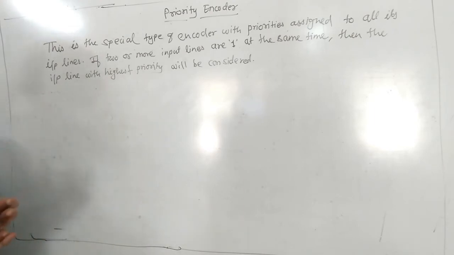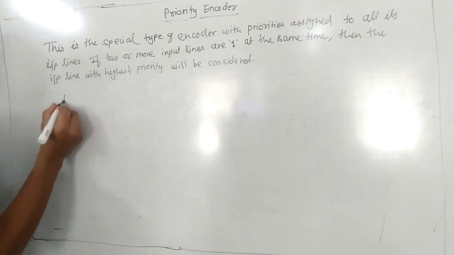So this is the priority encoder, where priorities are assigned to all its input lines. Here we are taking the example of a 4 to 2 priority encoder.